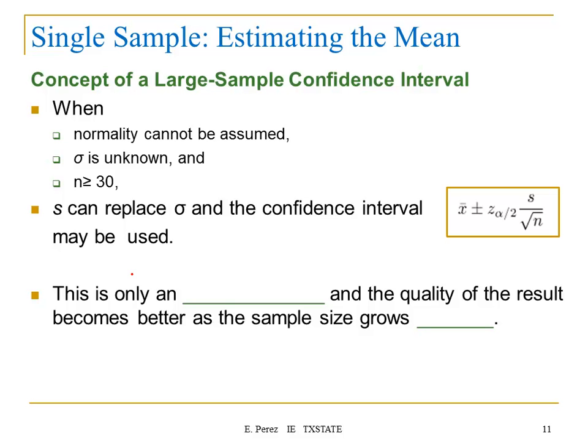So basically, when normality cannot be assumed, the standard deviation of the population is unknown, and third, your sample size is greater than or equal to 30, we can replace the population standard deviation with the sample standard deviation, and we can have a confidence interval like this one.